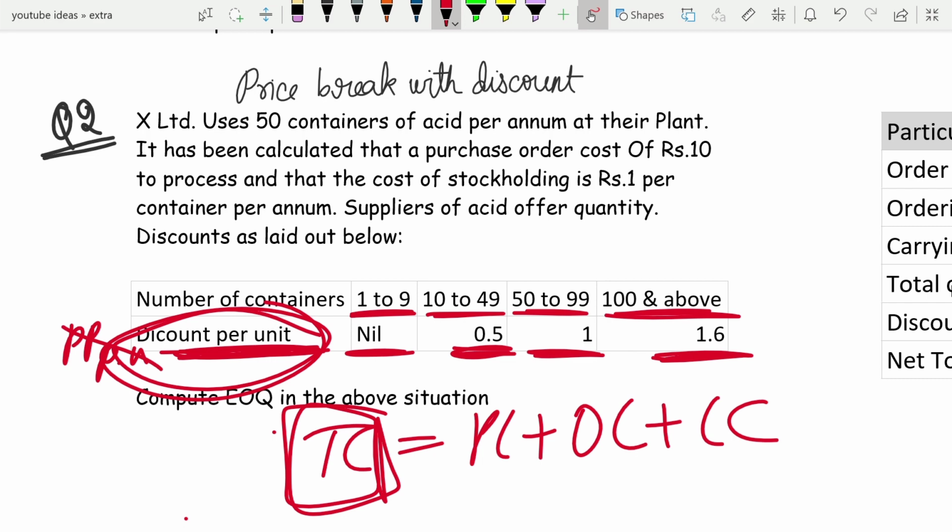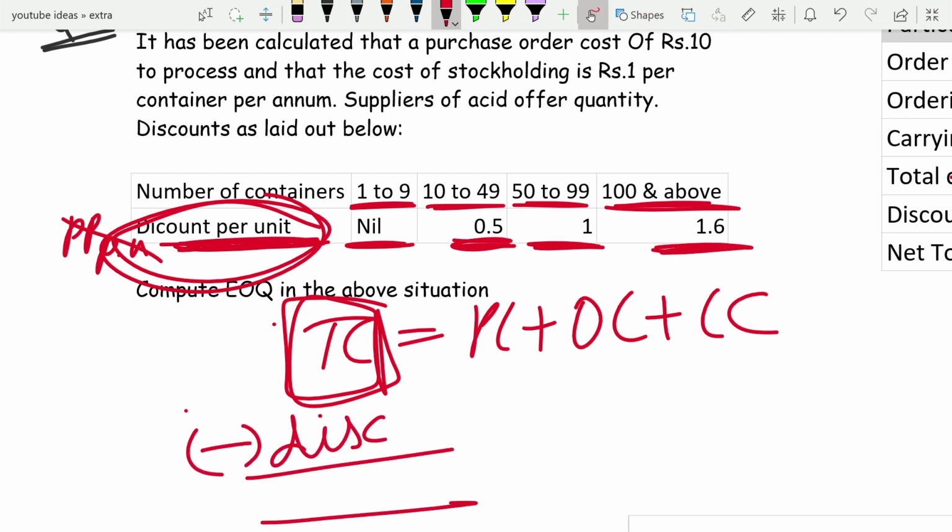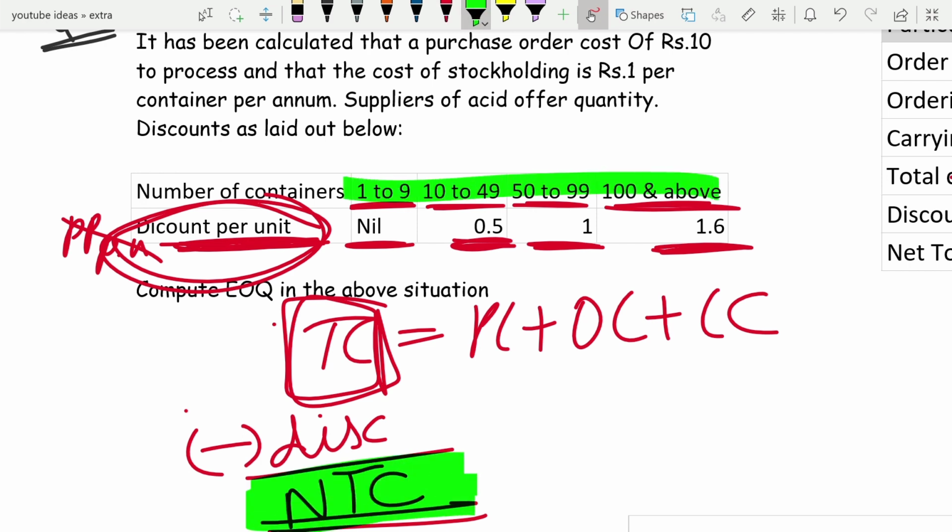But after you have found out this total cost, you have to subtract the discount from this total cost and find something known as net total cost. And now from this net total cost, you will compare all these ranges and find out which is the best. Whichever is the cheapest is going to be the best.